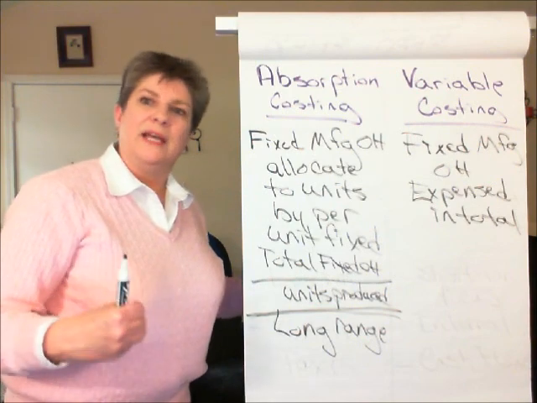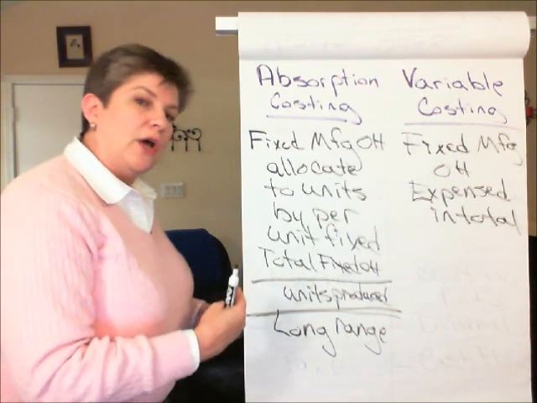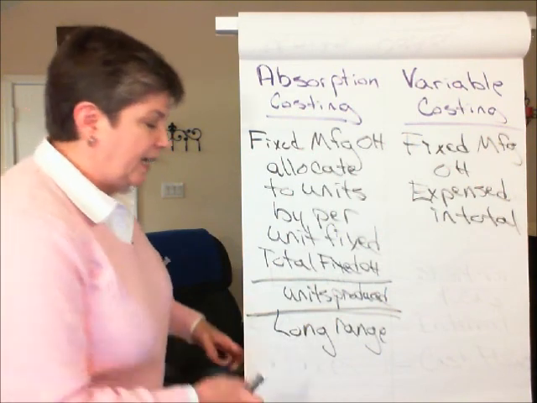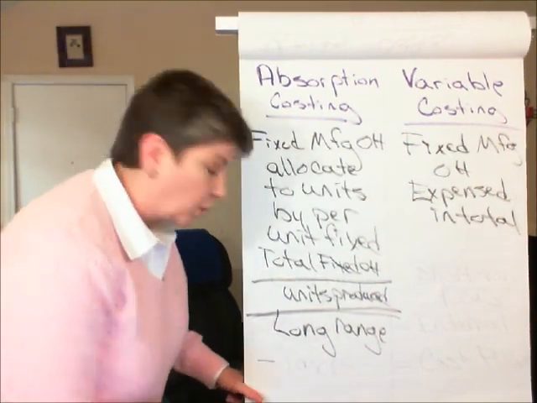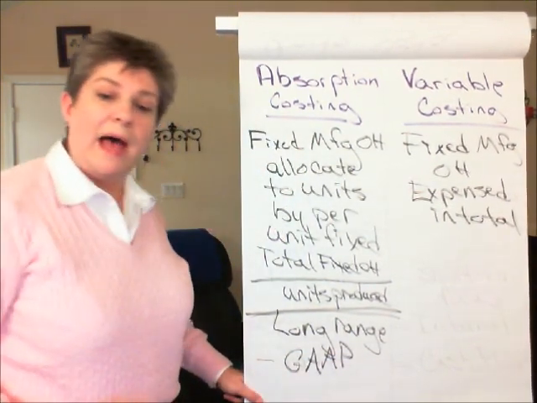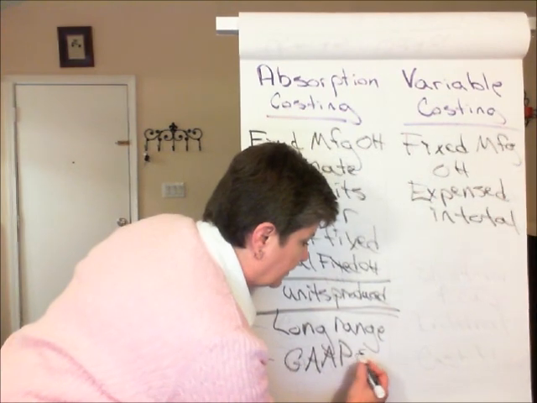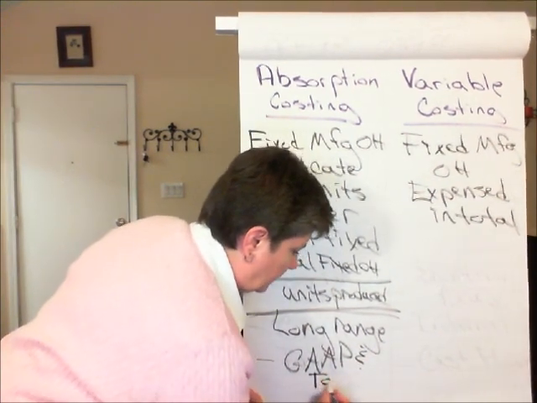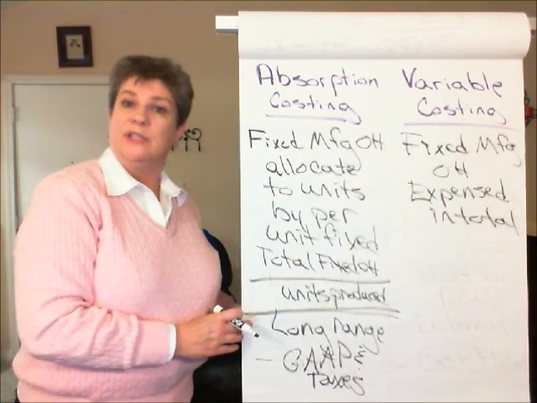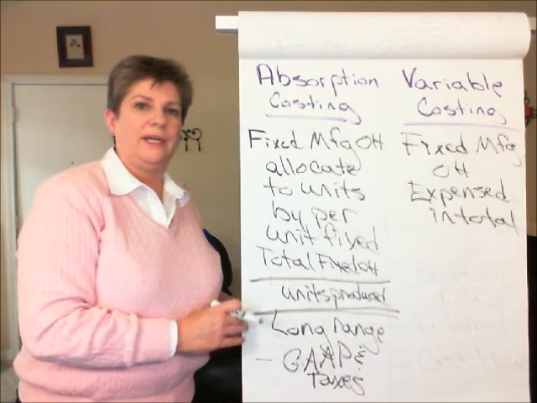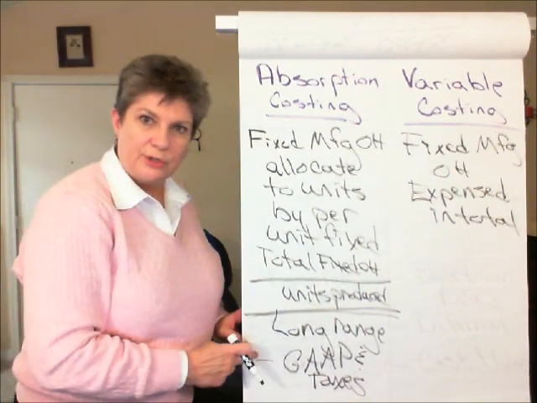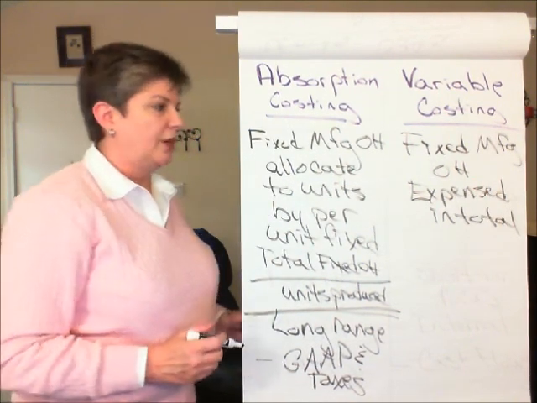So absorption, because it is a long-term focus, is actually required for external financial statements under GAAP and for taxes. So for the income statement and the balance sheet that is published for stockholders and other interested parties, we have to use absorption costing, the full costing approach.